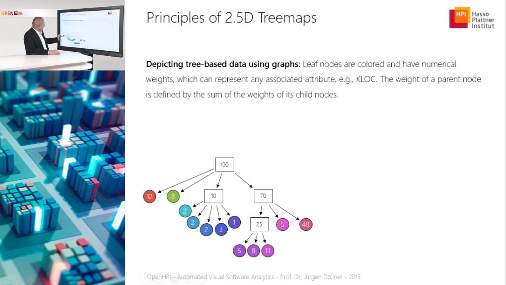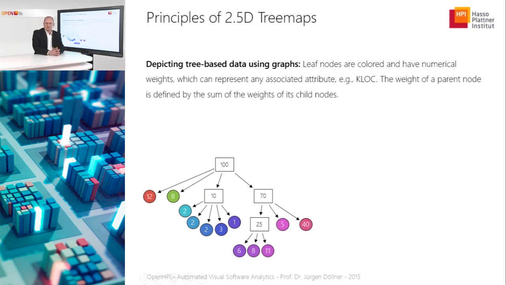For each leaf node, we have attribute data. For example, the K-log metric measures lines of code, measured in 1,000 lines as a unit. The weight of a parent node is just defined as the sum of the weights of the leaf nodes.